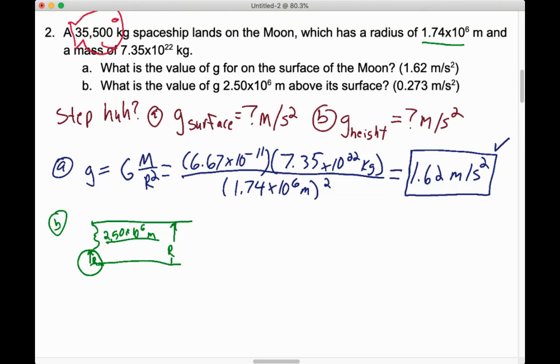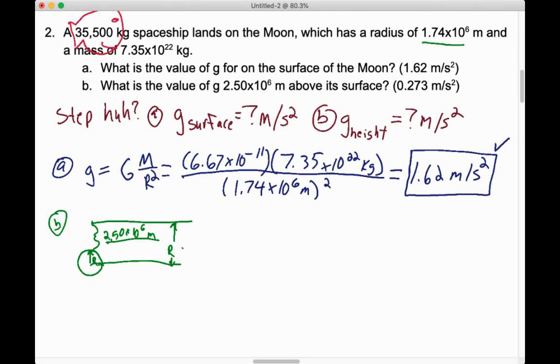This will be our R for part B. Hopefully that makes sense. If you make the little sketch, it should be clear. I highly recommend making the sketches, because if you're just grabbing numbers off of the page, it can be really easy to get confused and lost. So you make the sketches, and it ends up being not so bad.